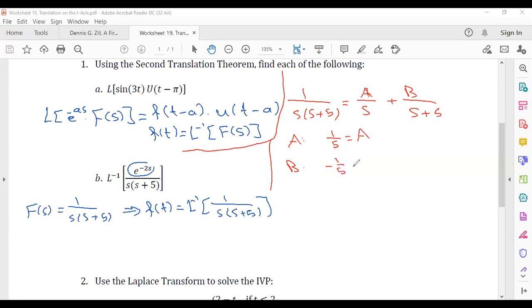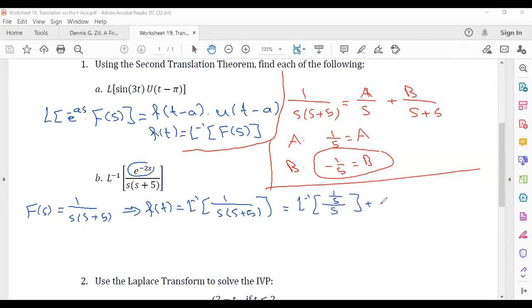So -1 over 5 equal B. So I have now the Laplace inverse of the first function, 1 over 5 over s, plus the Laplace inverse of -1 over 5 over s plus 5. This will be 1 over 5 times 1, and this will be -1 over 5.